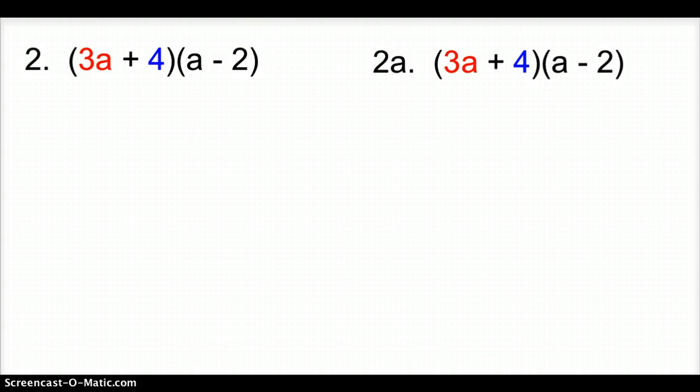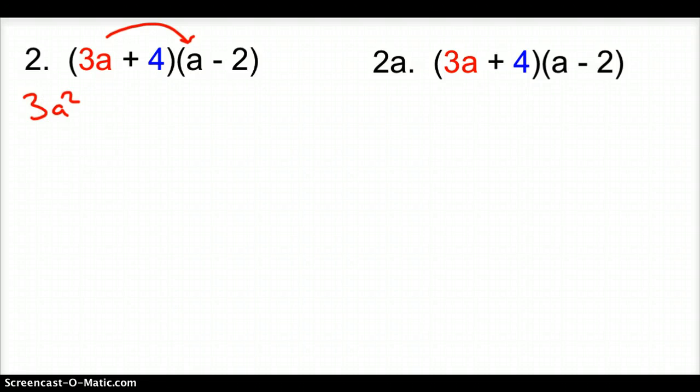Two different ways you can do this. I'm going to show you the first way, maybe the more common way. They call it FOIL, which we'll touch on in a little bit. We take the first term and multiply it by the first term of the second binomial, or the second set of parentheses. So we come up with 3, and when we multiply a times a, we come up with a squared.